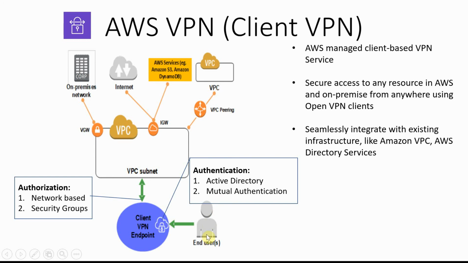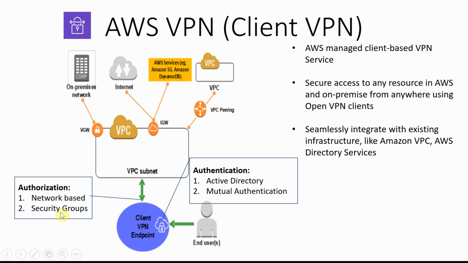So basically, he doesn't need to generate a new user ID and password. He can use his existing LAN connection details to connect to the VPN. That is authentication. Once authentication is passed, then comes authorization: which networks this person has access to and which security groups are applied. You saw that a security group is just a security rule that can be applied at instance level.